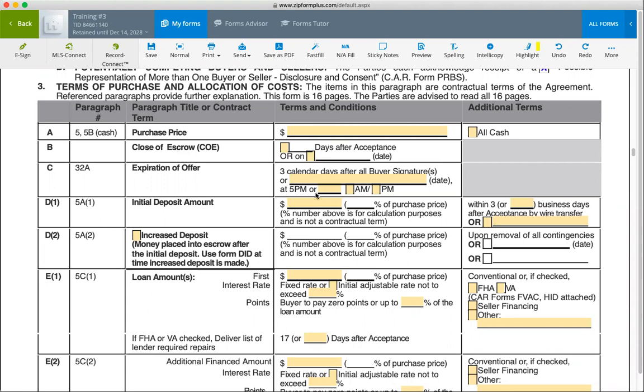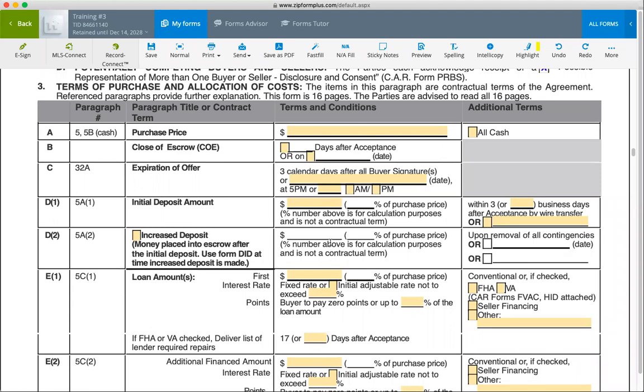So they made their initial deposit $4.5 million, the entire purchase price. And they said they would put that money in the escrow as soon as it was accepted. So the seller was impressed by that, but it didn't sway them, and they still countered the offer at $4.75 million, I think it was.